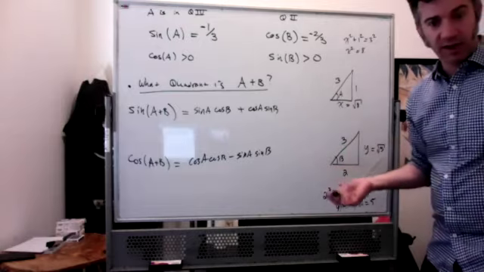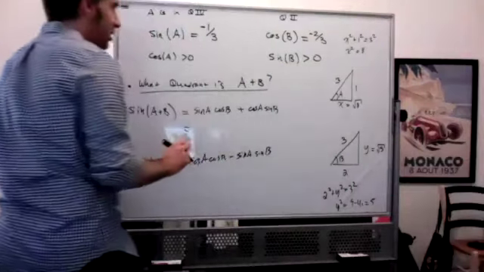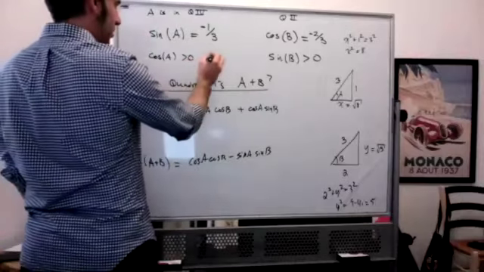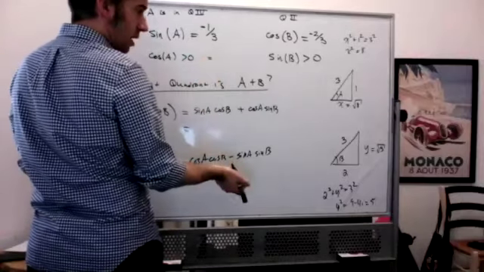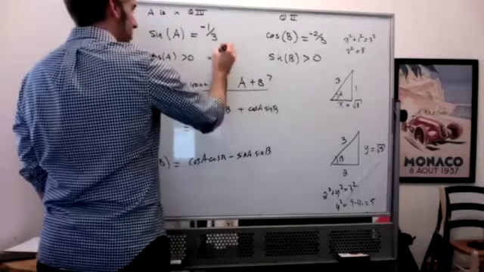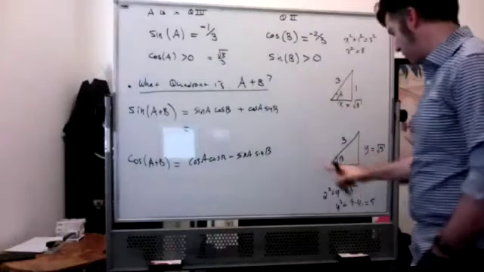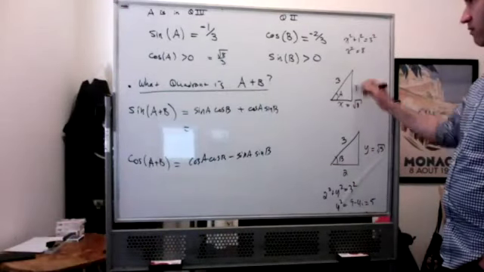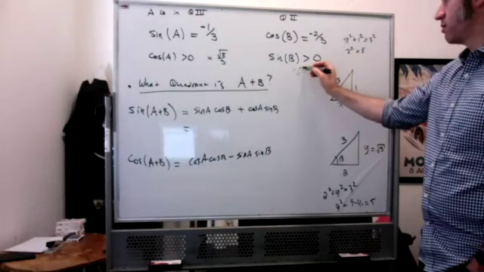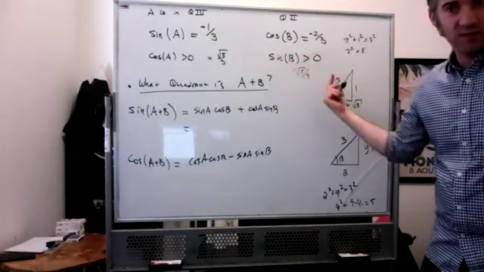Now we can find all the things. Cosine of A is going to be positive root 8 over 3, and sine of B is going to be positive root 5 over 3, because we were told they were positive.